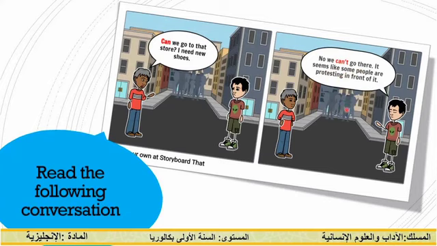So this is the store of shoes, and people are protesting in front of it. So the friends Samir and Jalal can't reach. They cannot reach this store for Samir to buy new shoes.